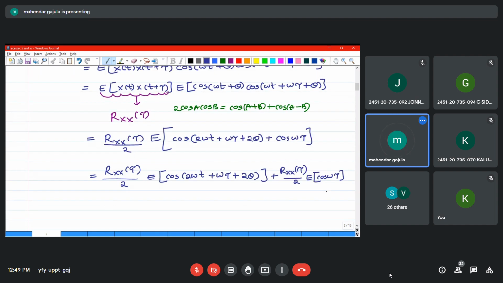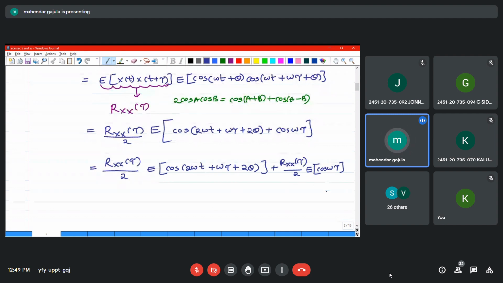Anyway, theta is a random variable, but omega is not a random variable. So cos(omega tau) is constant. So the expectation of cos(omega tau) is cos(omega tau) only, because omega is constant.